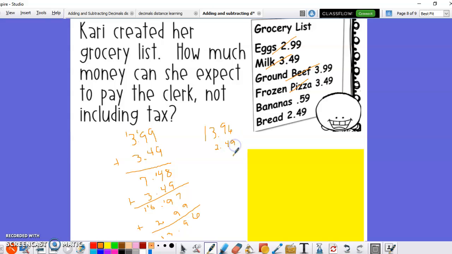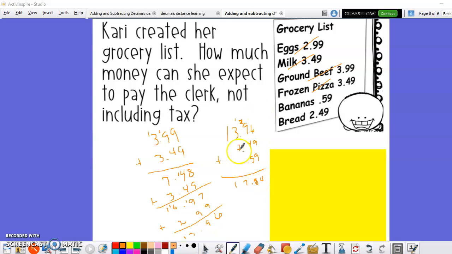And I'm just going to go ahead and add these bananas in here too. Alright. Put my decimal, make sure I have my places lined up. So off screen, I went ahead and I finished this equation. So it's $17.04 is how much that they would expect to pay.